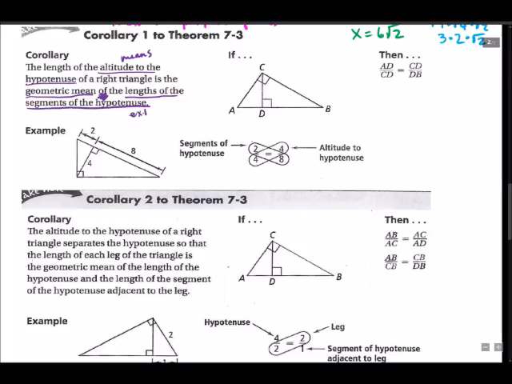So this is our extremes. So if we look here, our altitude, and then look at our hypotenuse. We have segment 1 and segment 2. So this is altitude, altitude, and segment 1 and segment 2.